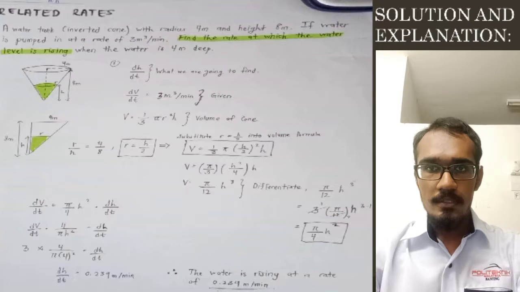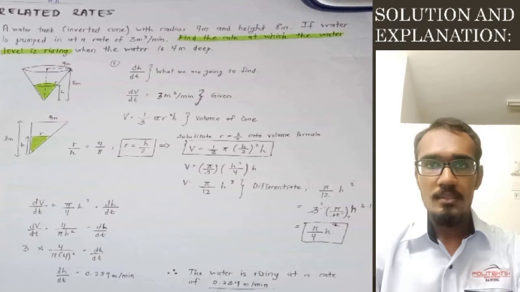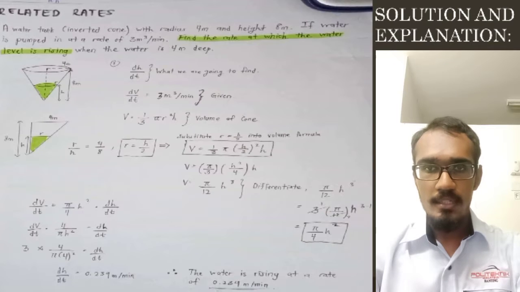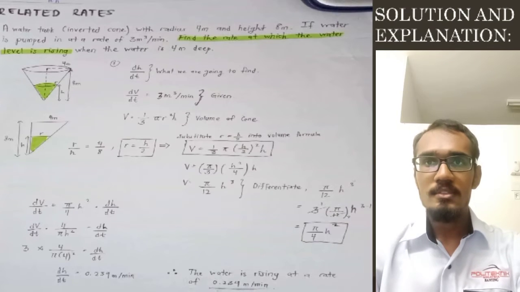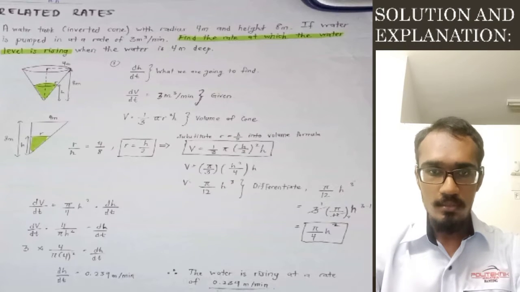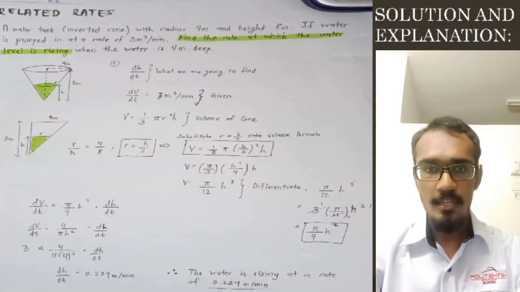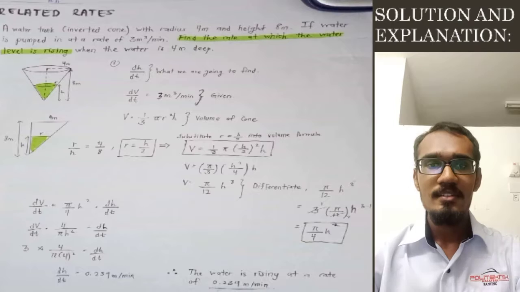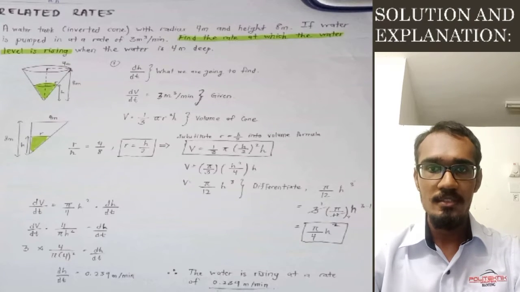Based on the chain rule formula, what we are going to find is dH over dt, because dH over dt is the rate at which the water level is rising, meaning the height of the water level rising. And the 3 meter cubed per minute is dV over dt.